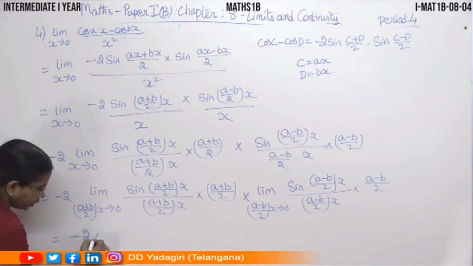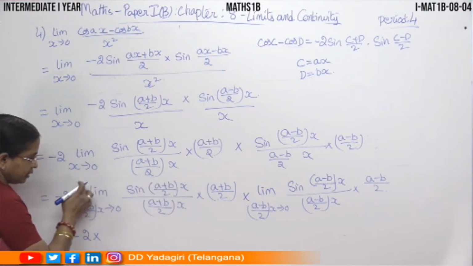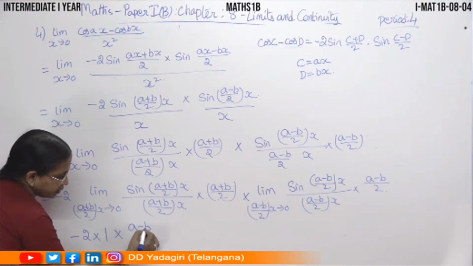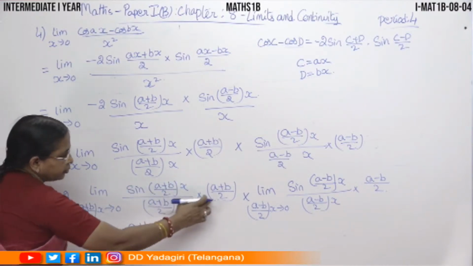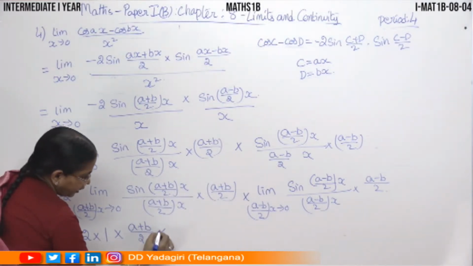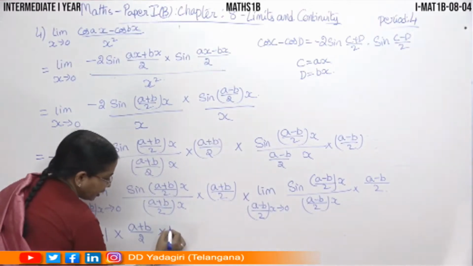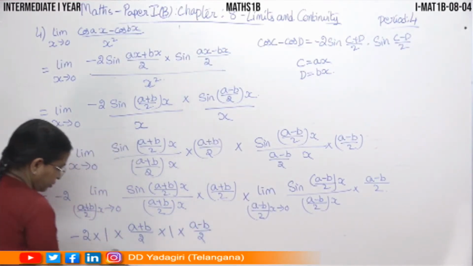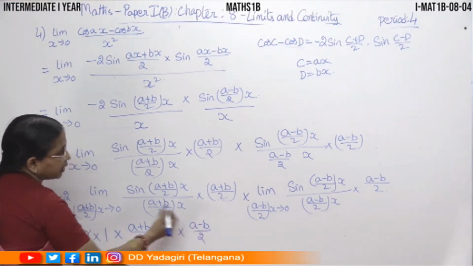So minus 2 into this limit, this whole thing is equal to 1. This limit is equal to 1 into (a plus b) by 2, and again this limit is equal to 1, so 1 into (a minus b) by 2. So you can cancel the 2s, and then (a plus b) into (a minus b).